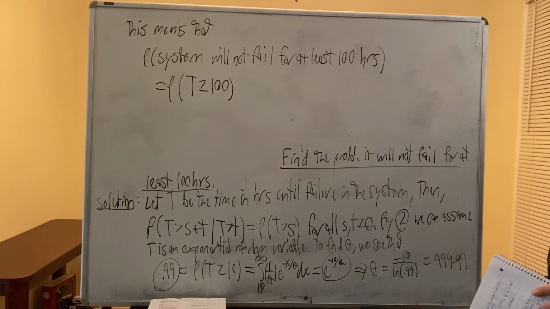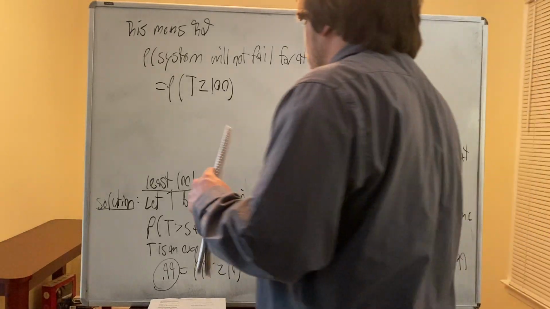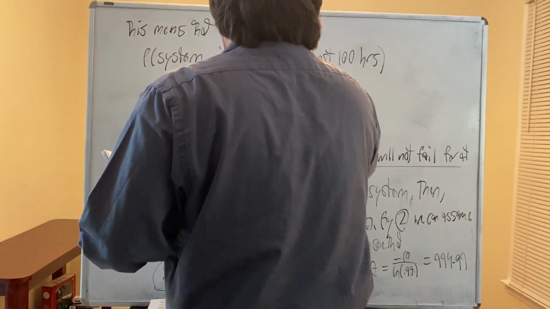This means the probability the system will not fail for at least 100 hours is the probability T is going to be greater than or equal to 100.